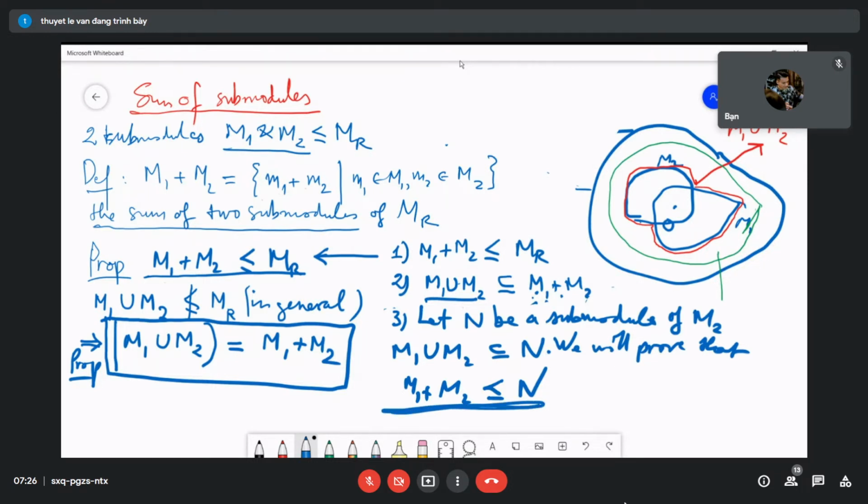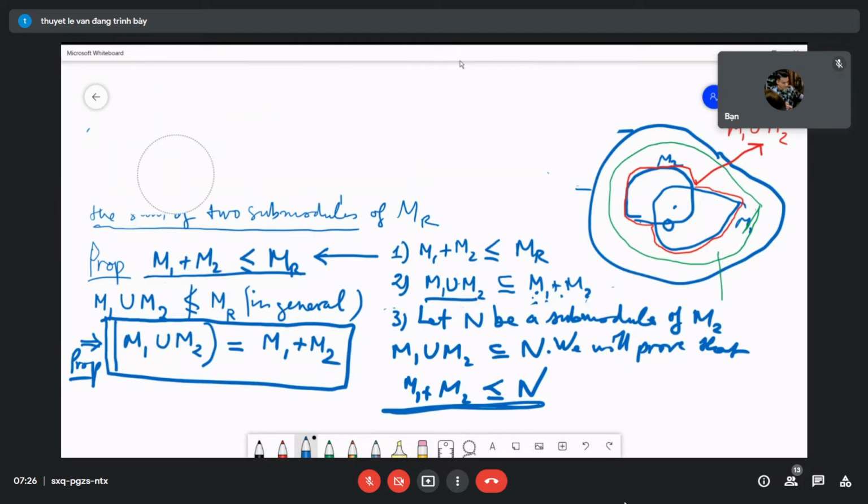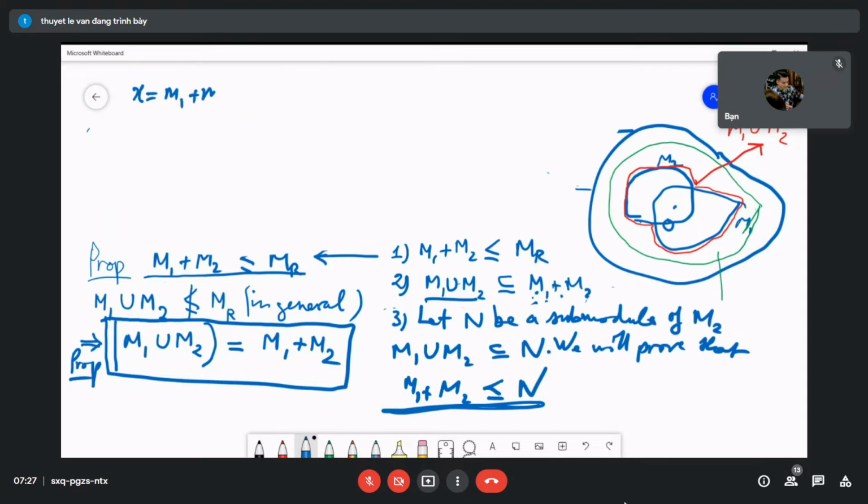Okay. So I will take one element of M1 plus M2. So x is equal to m1 plus m2, belonging to M1 plus M2. m1 is in M1, m2 is in M2.